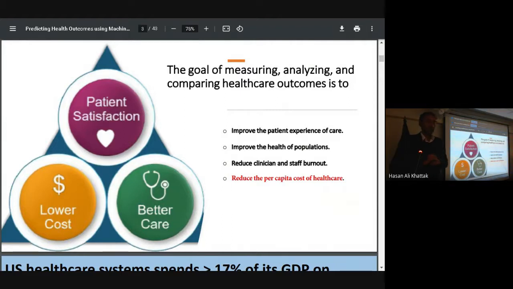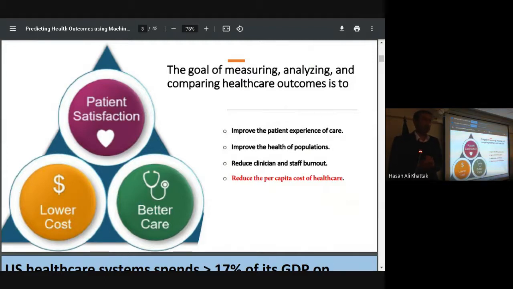Secondly, how we can improve the health of the overall population to improve care. And the third point is how we can reduce clinician and staff burnout. The staff and doctors are working long shifts, two-day shifts, so how can we reduce their burden by developing clinical decision support systems or assistive technologies that could help facilitate their work.